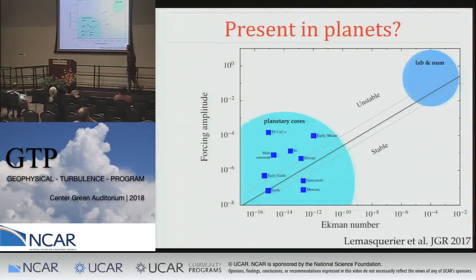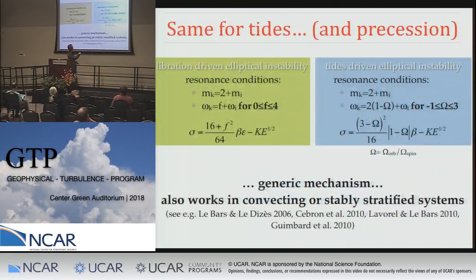That's the next question. And as always, what we can do in the lab in terms of Ekman number is here, and the planets are at Ekman number 10 orders of magnitude away. For the instability, all that matters is the ratio between the forcing amplitude and the Ekman number.